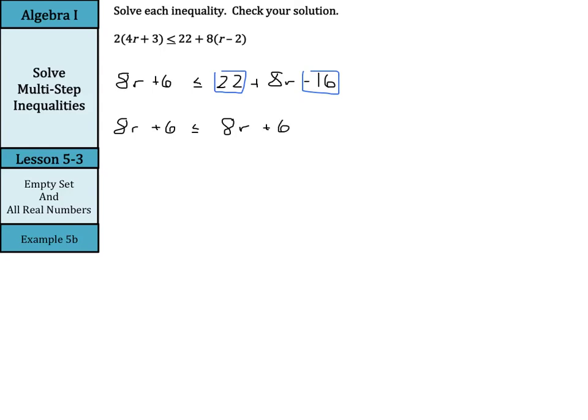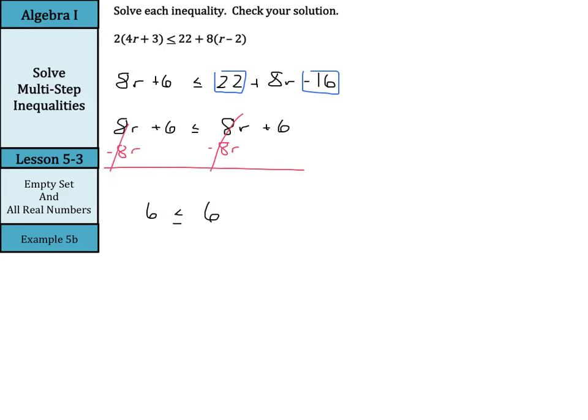And notice something here. You have the same inequality. 8r plus 6 is less than or equal to 8r plus 6. And when you go to subtract the 8r from both sides, they again cancel out. And you're just left with 6 is less than or equal to 6. And the thing that saves us here is the or equal to, because 6 is less than or equal to 6.